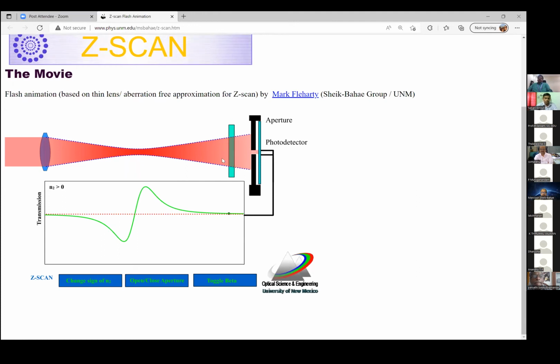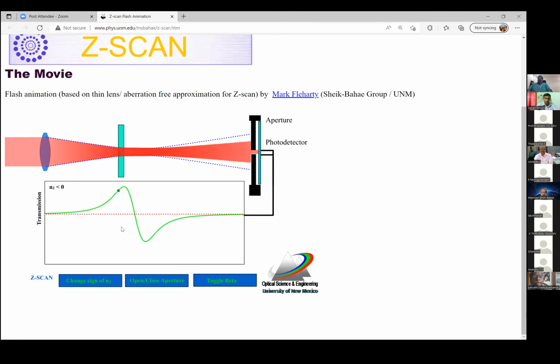So a typical Z-scan for a positive nonlinearity would be a valley followed by a peak. If you change the sign of the nonlinearity, this changes sign as well. A negative nonlinearity Z-scan signature would be a peak followed by a valley as we scan it through.